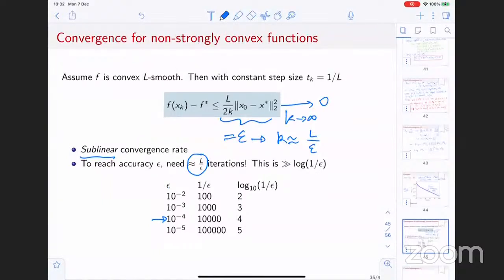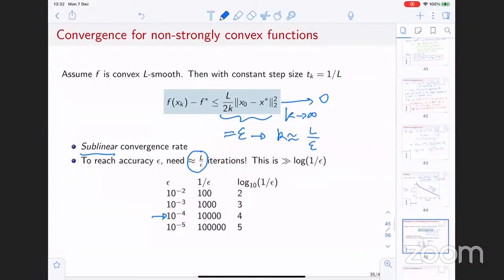Obviously there are constants I have to multiply this with, so in practice it's a bit more than this, but this is just telling you the scale. We're talking about different orders of magnitude. So sublinear convergence is typically much slower than linear convergence, but this is what we have to pay if your function is not strongly convex.